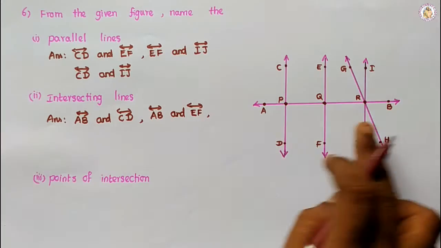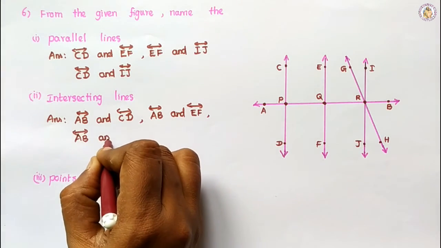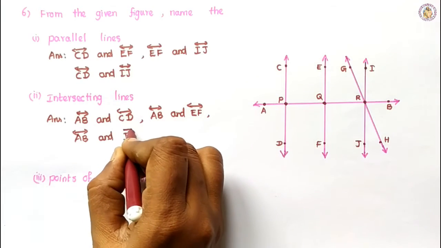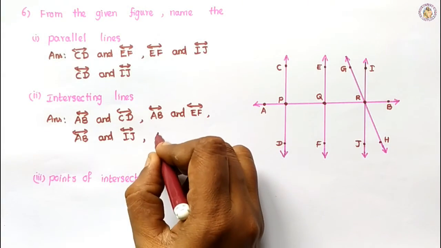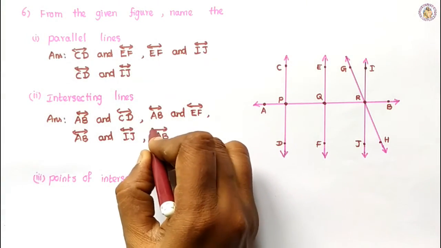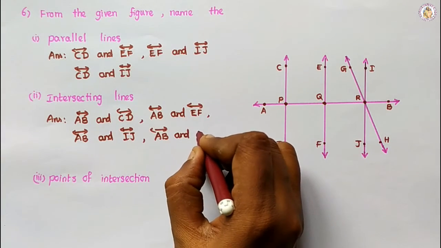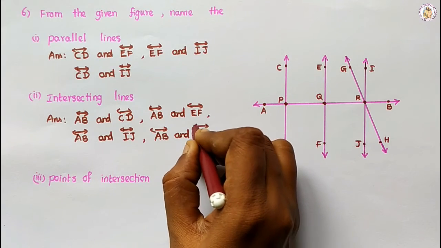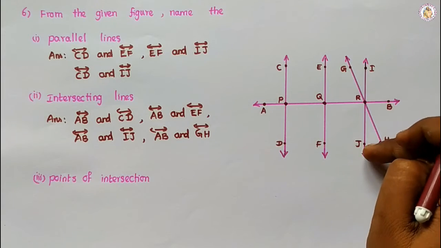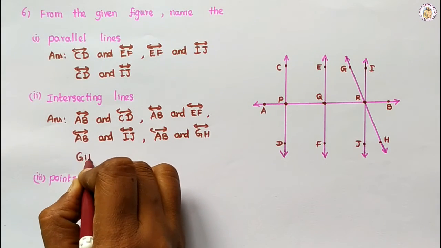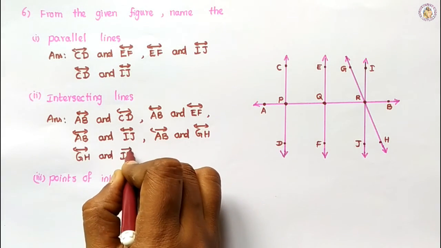And then AB intersects IJ. And then AB intersects GH also. So GH. And then here GH intersects IG. So GH and IG also intersecting lines.